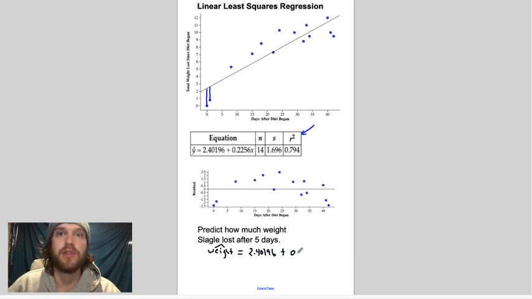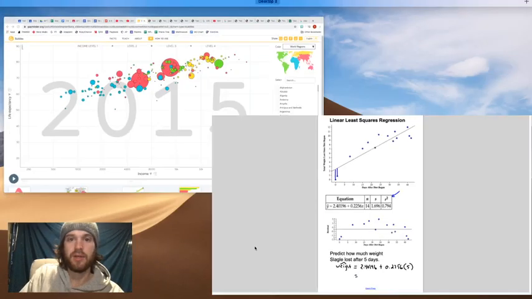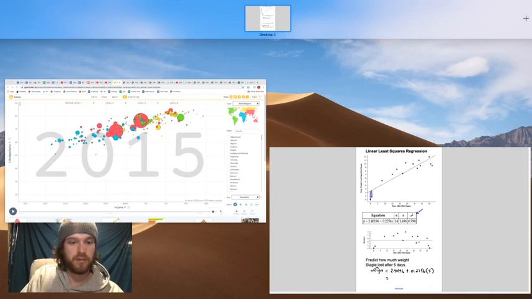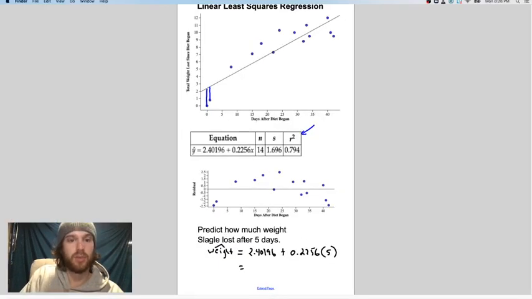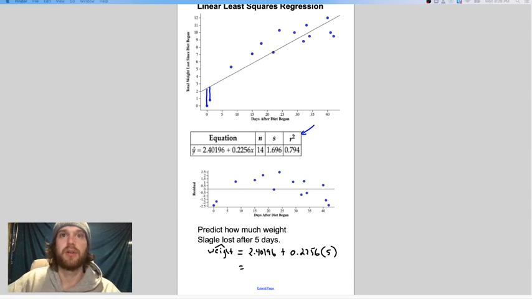So I would do 2.40196 plus 0.2256 times 5, because x is in days, y is in weight. So I can come down here, do some math, and I'm going to pull up my notes here. Perfect.